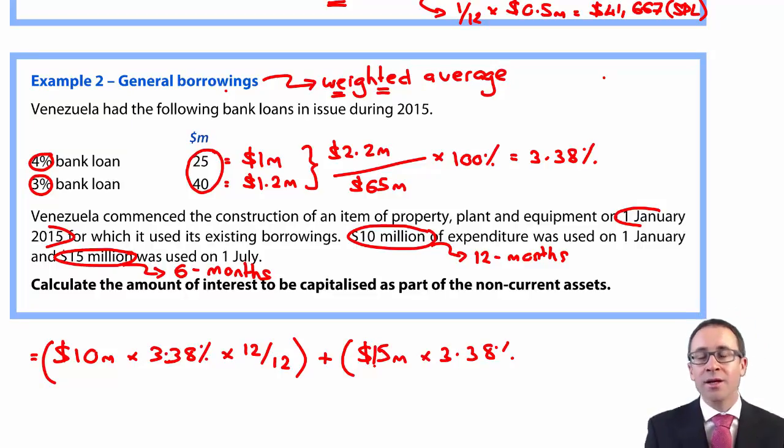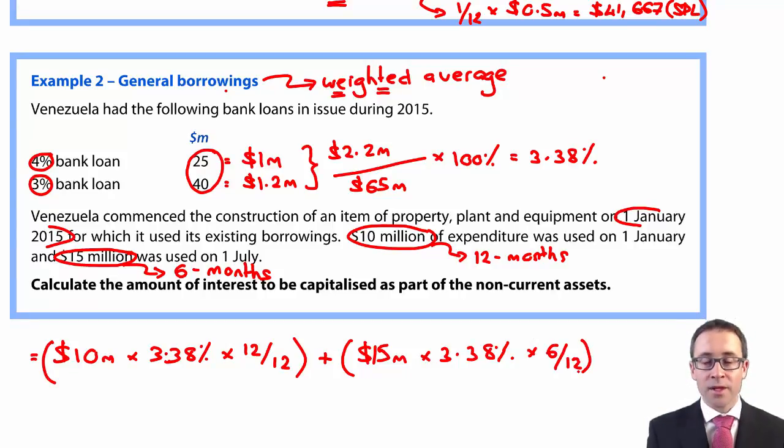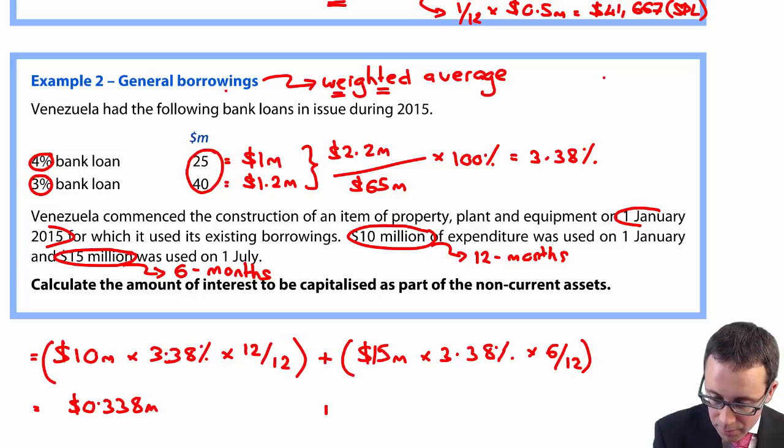I can hear you all shouting at the computers there. Chris, no, it's not 5, it's 15. Multiplied by 3.38%. And don't forget the key bit there is that is 6/12, because it was from the 1st of July to the end of December. Tapping that on your calculator, I think you get 0.338 million?